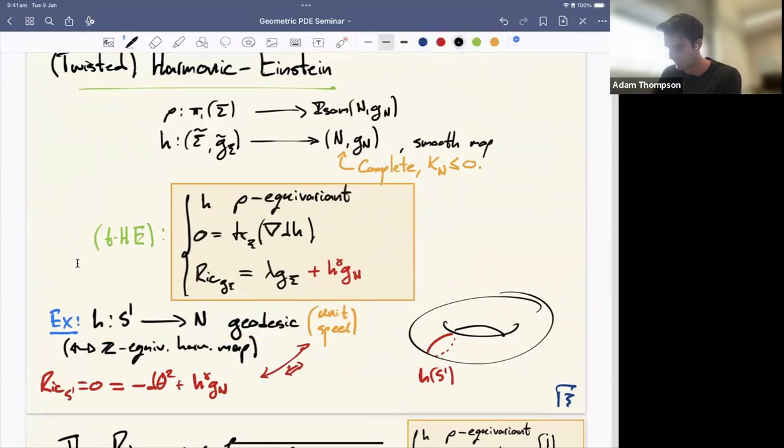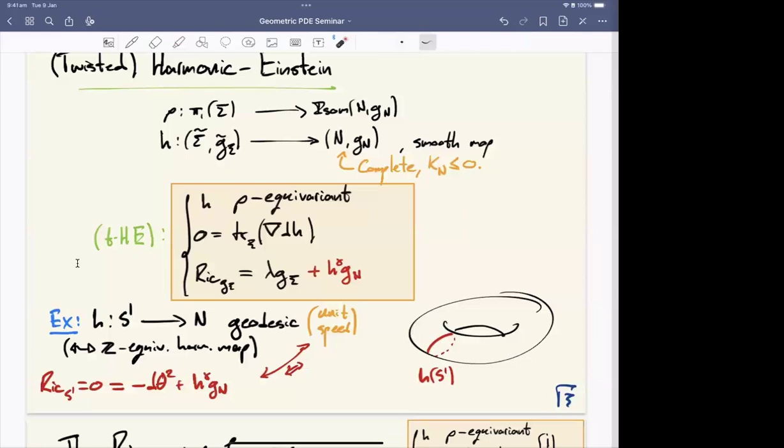So again, perhaps if I want to think about the twisted case, then I should be looking at a map from R into N that's Z-equivariant for some map from Z, but I'll just say from S^1 here. And then these we can also look at as solutions of the twisted Harmonic-Einstein equations.